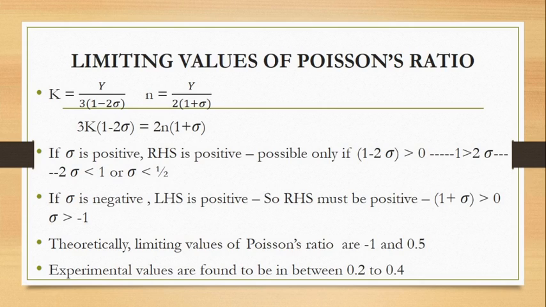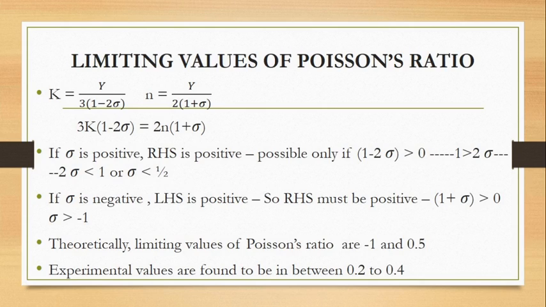Think that sigma is positive. If sigma is a positive value, what happens to the right hand side? 2N into 1 plus sigma will be positive. And this is equated with 3K into 1 minus 2 sigma, isn't it?